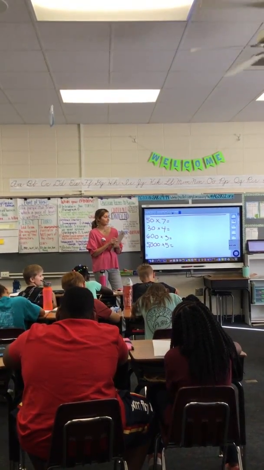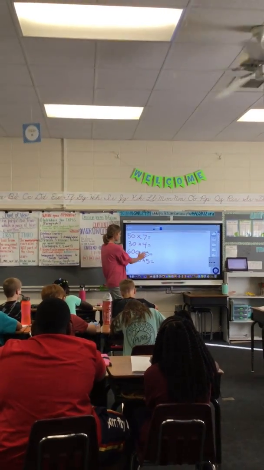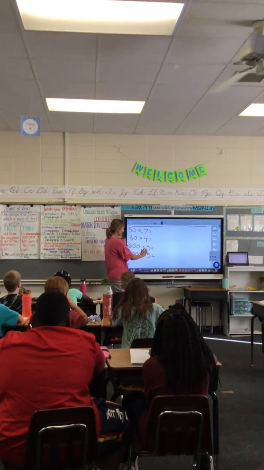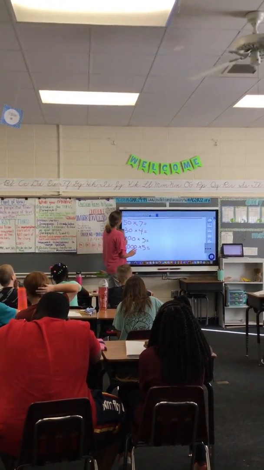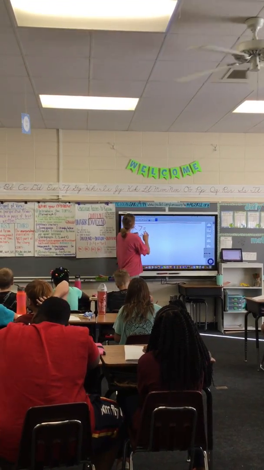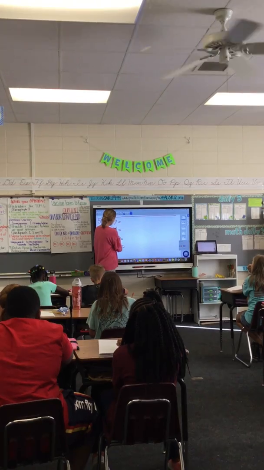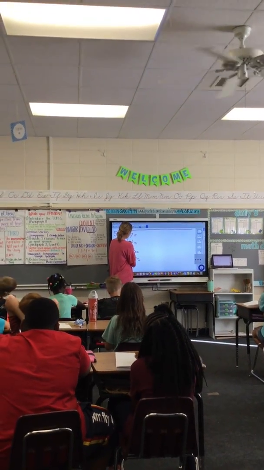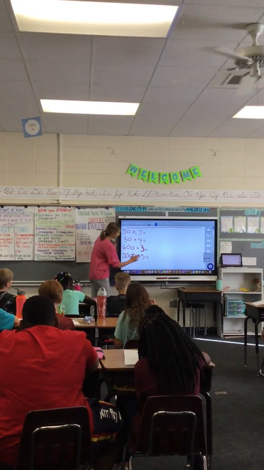Luke? Is that a 3 next to the 600 or a 5? Yes, this is supposed to be a 3. It's supposed to say 600 times 3. Sorry, I would rewrite it if our eraser was working. There we go.